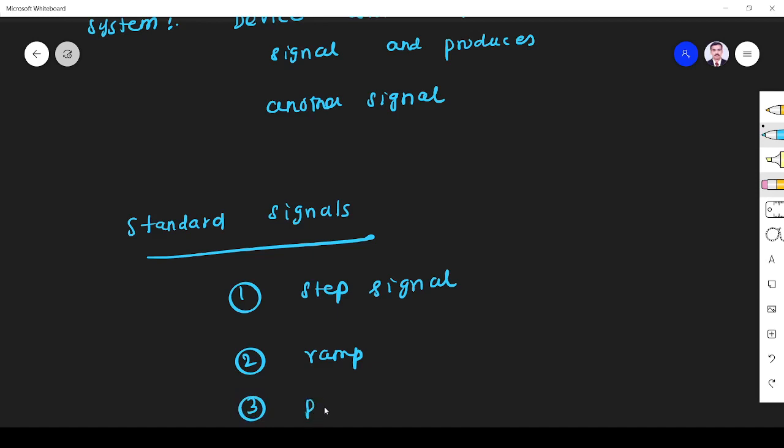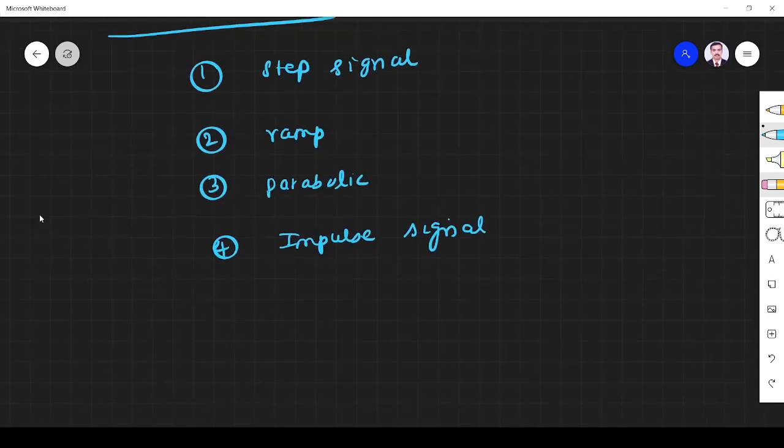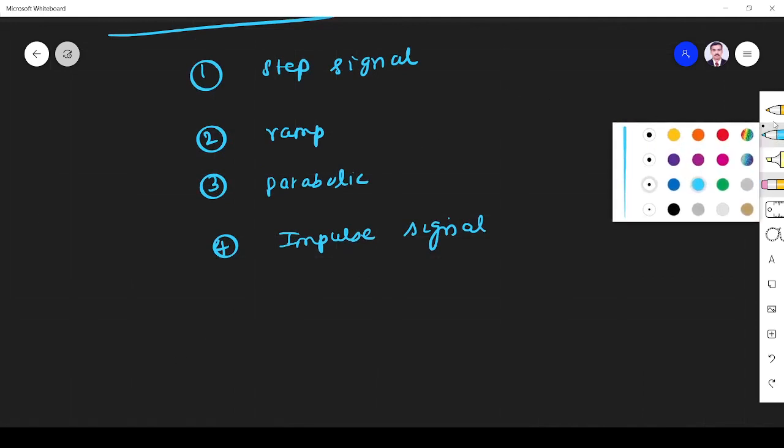Third one, parabolic. Last but not least is impulse. So these are the four fundamental basic standard signals we must know.